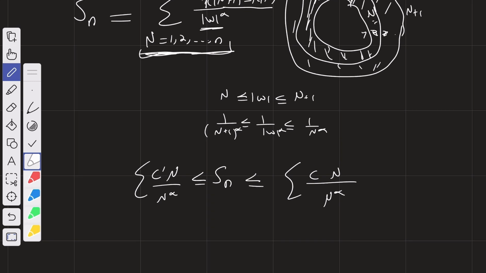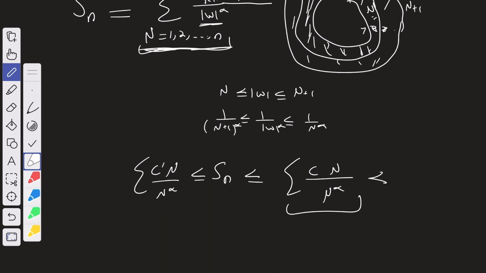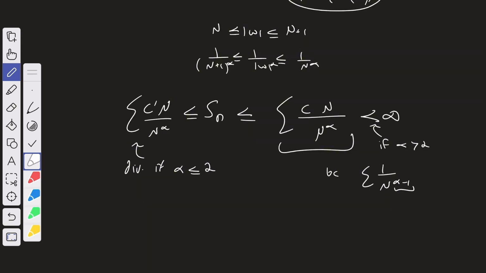And this is all to say that, well, this is convergent if alpha is strictly bigger than 2, because it's the sum of 1 over n to the alpha minus 1, and you need this to be strictly bigger than 1. And this will diverge if alpha is less than or equal to 2. This is all to say that this partial sum, which you can easily see that any other partial sum falls in between two of these partial sums, is actually convergent if and only if alpha is strictly bigger than 2.